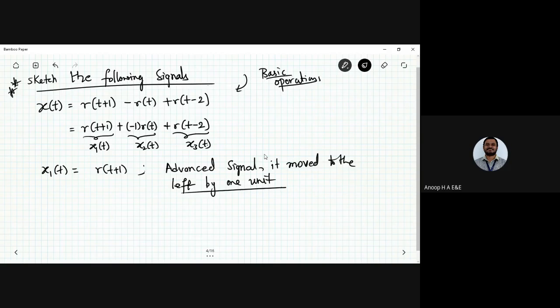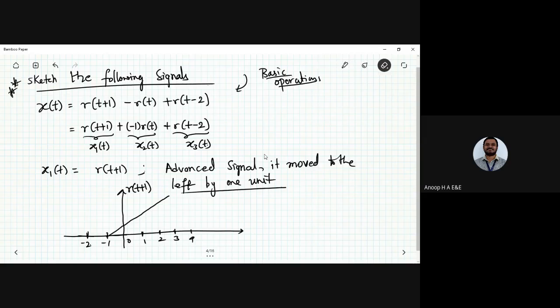Fine. So next, what I would like to write here is the signal r of t plus 1. So 1, 2, 3, 4. This is minus 1. This is minus 2. This is how the signal would look. So this is r of t plus 1.